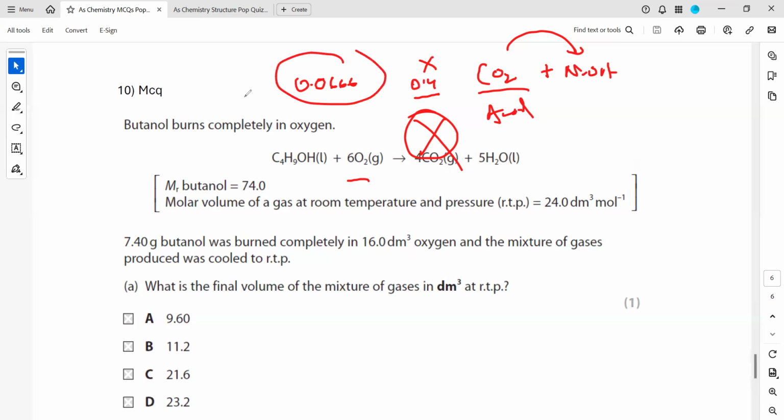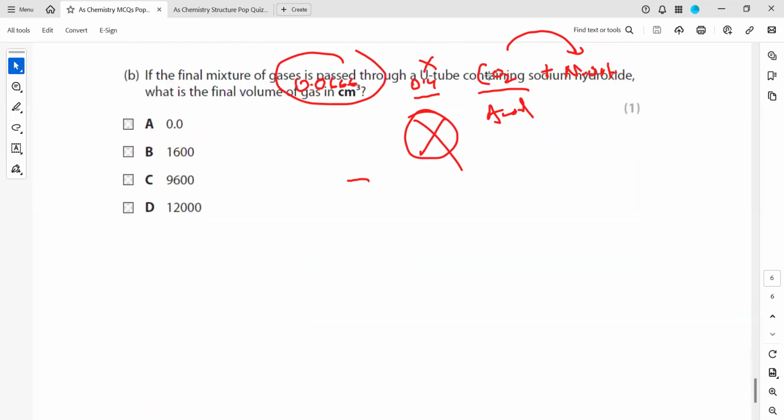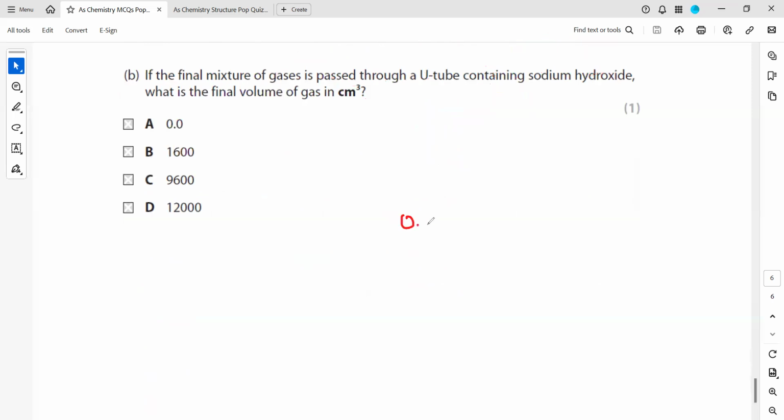So we are left with only the moles of oxygen, which is 0.0666. If I multiply by 24, what volume will there be in dm cube?